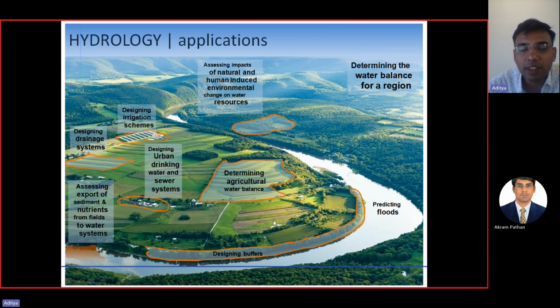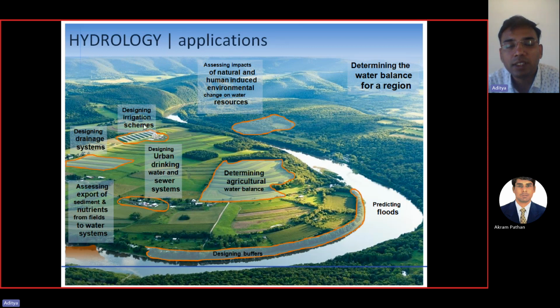Then infiltration is zero, and water starts flowing over the surface. This is the main human activity which disturbs the overall hydrological process. So you can assess the impact of natural and human-induced environmental change on water resources.